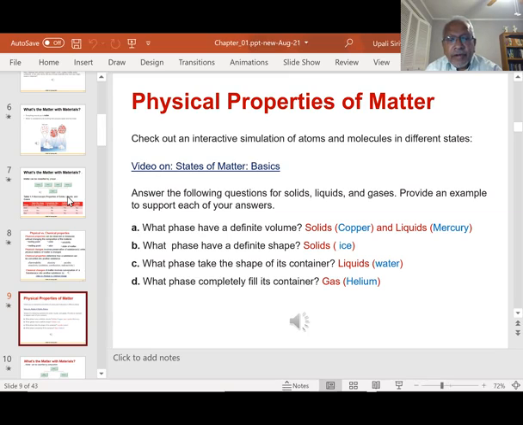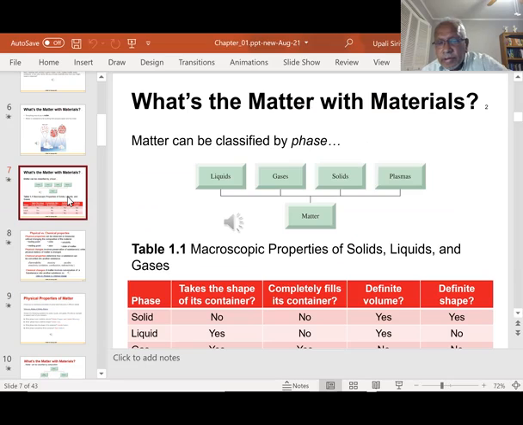What phases have definite volume? Solids and liquids have definite volume. The table explains it: definite volume, solid and liquid.